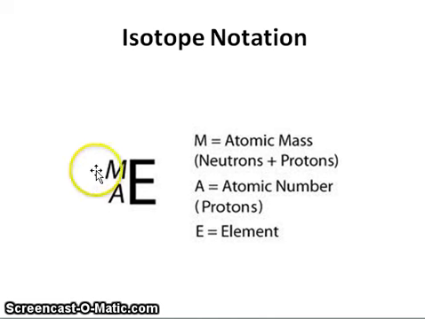Then on top we will have the mass number, or the atomic mass, and the mass number represents the protons and the neutrons together. Now don't make the mistake of thinking of the mass number as just the number of neutrons. It also includes the number of protons. So it's both of these subatomic particles together.